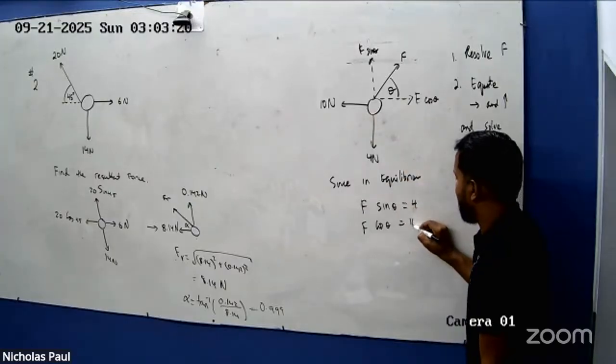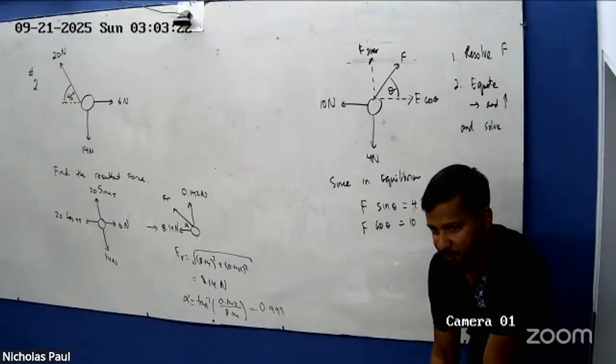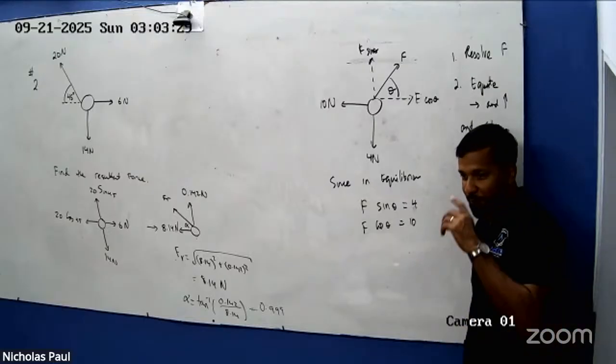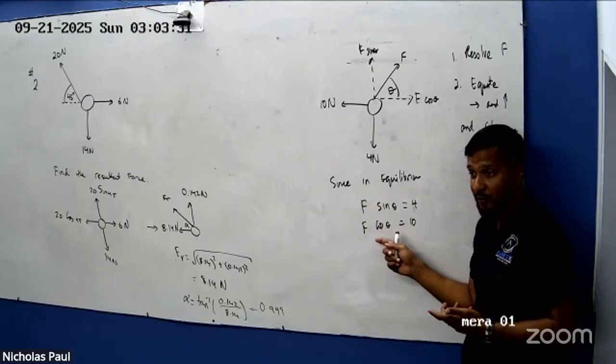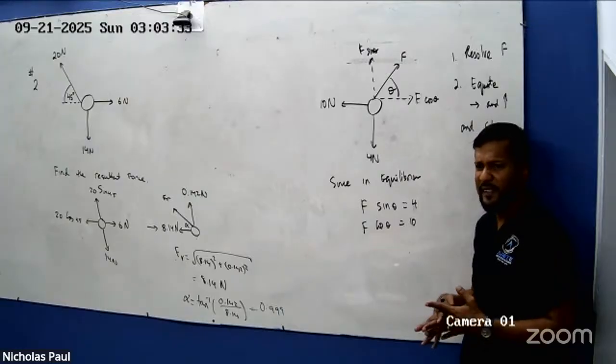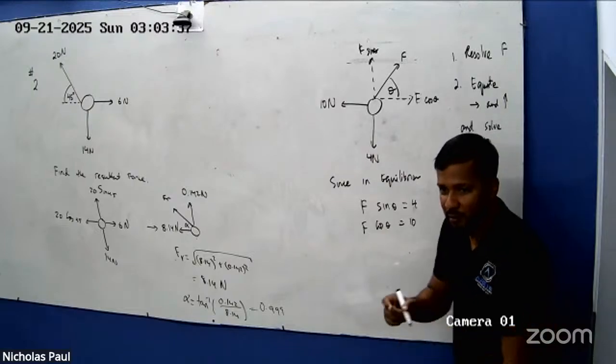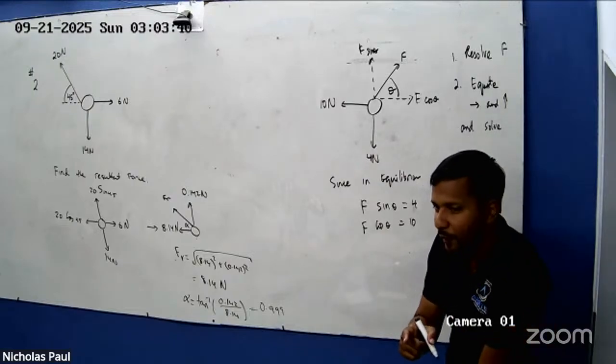How will you solve something like this? Zara, what do you think? Yeah, you can make F the subject and put it in, or something easier. Tricks, right? How can we get the tricks?